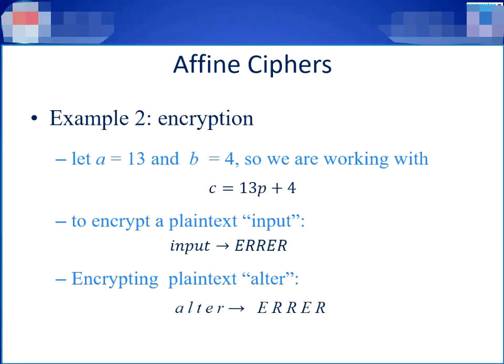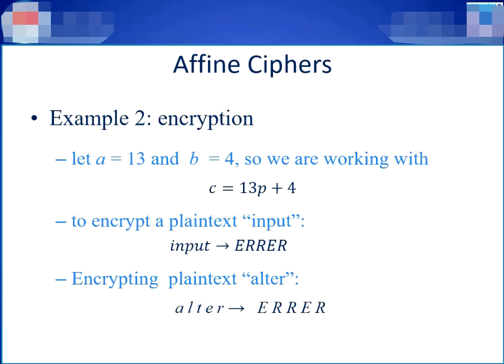This is because the greatest common divisor of 13 and 26 is equal to 13. There is no multiplicative inverse for 13 modulo 26, so decryption is not possible since the mapping is not one-to-one. And this is why we have two different messages which are encrypted to the same ciphertext, even though we encrypted both messages using the same key.